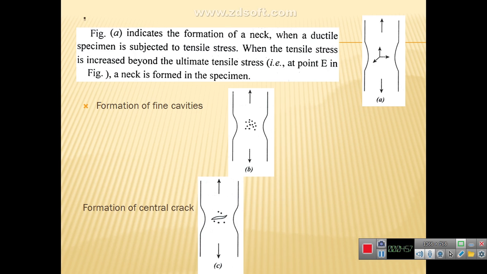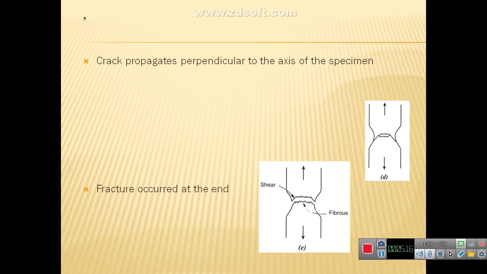During ductile fracture, there are three different stages: elongation, formation of cavities, and then formation of central cracks. This has been shown in the diagram. Then crack propagation will occur, and fracture will occur at the end.